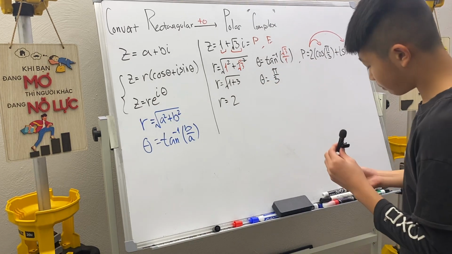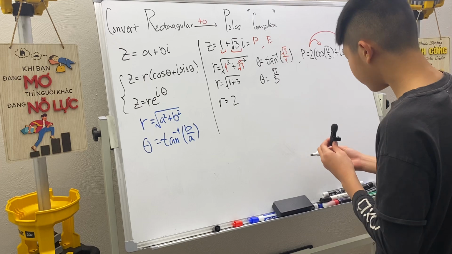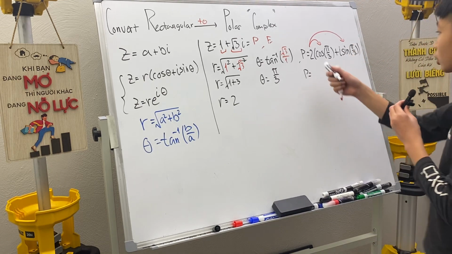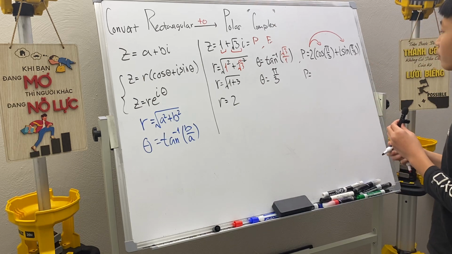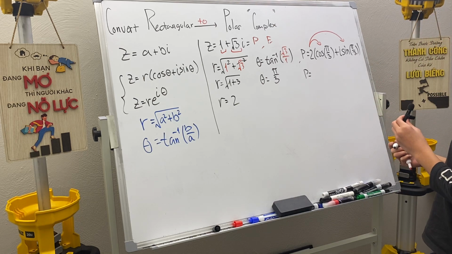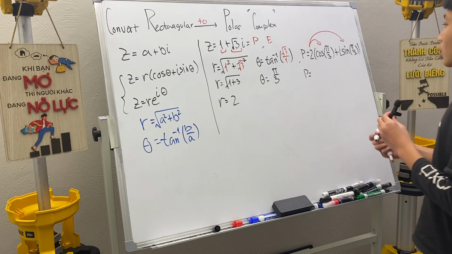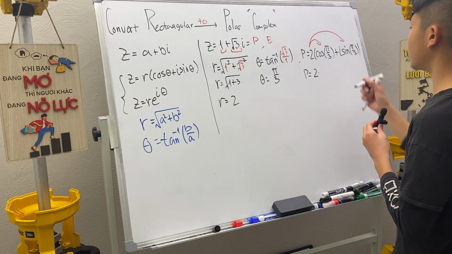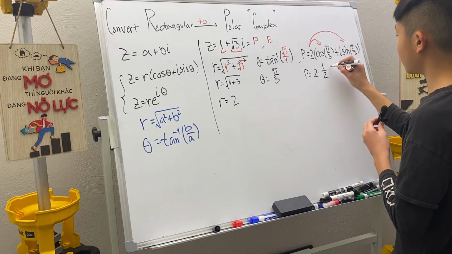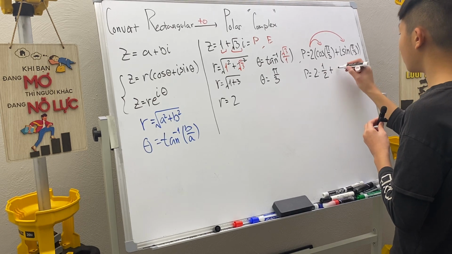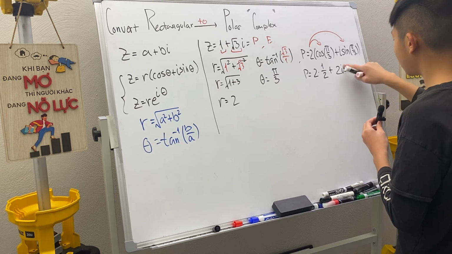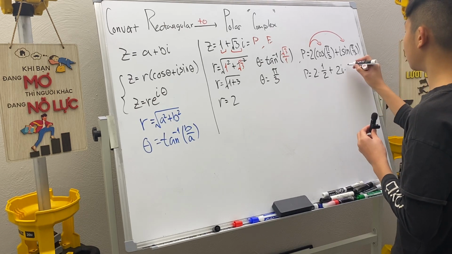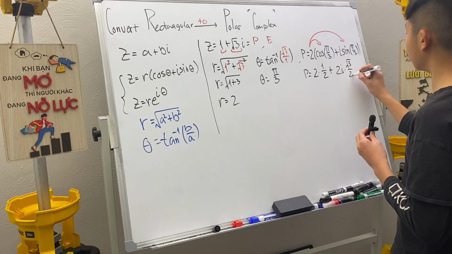So z equals 2 cosine of pi over 3, which is 2 times 1 half, plus 2i sine of pi over 3, which is 2 times square root of 3 over 2.